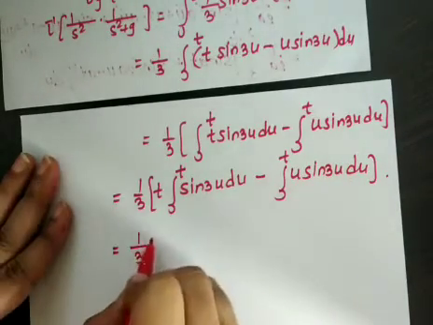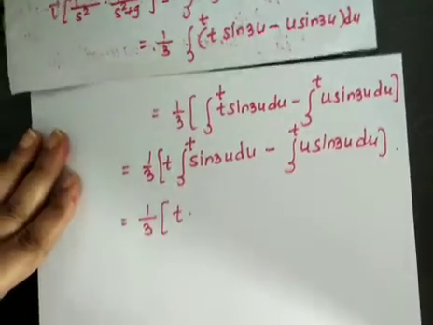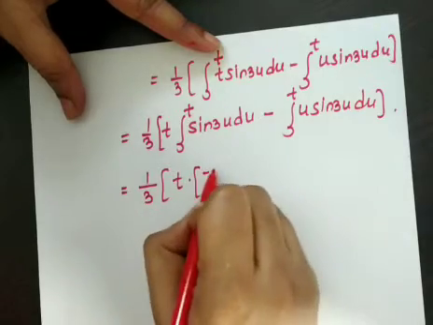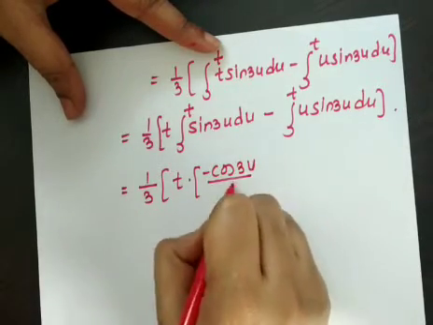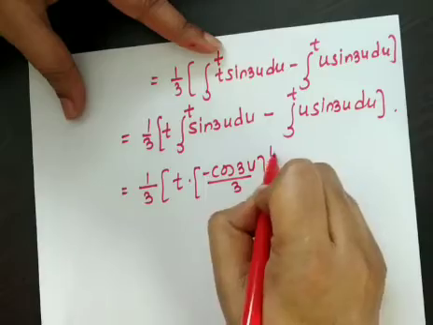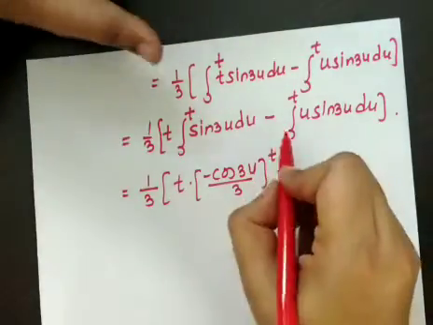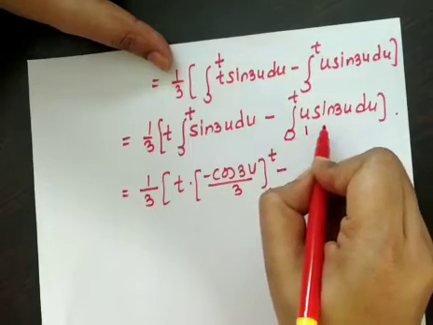So 1 by 3 t, integration of sine, that is minus cos 3u upon 3 from 0 to t, minus, here are two functions of u, so we'll use Leibniz rule of integration.